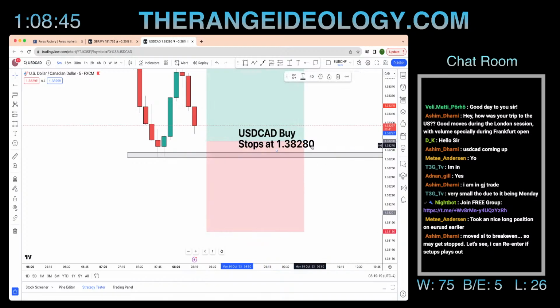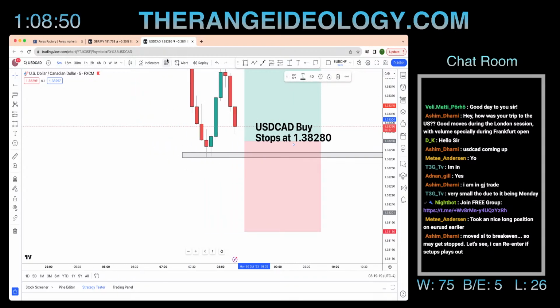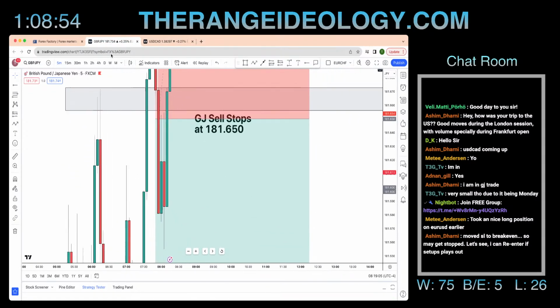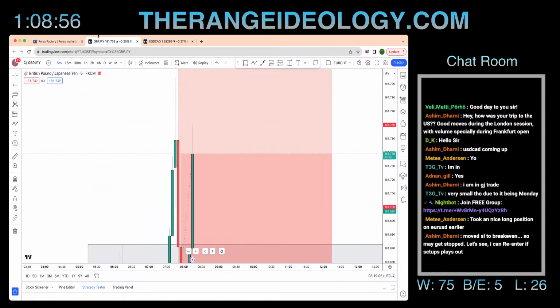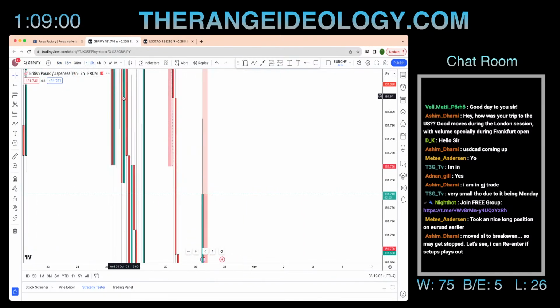And our second attempt at setting buy stops and waiting for USD CAD to tap them. And GJ, wow, just what a push. No bottom wick on the previous two candles and it just continues to push above. Wow.